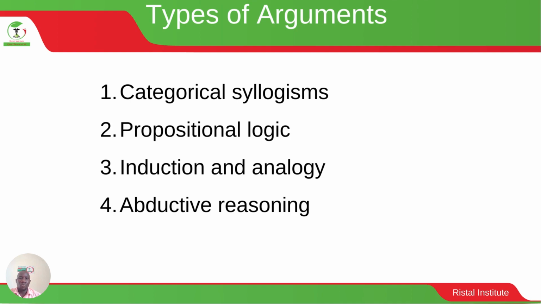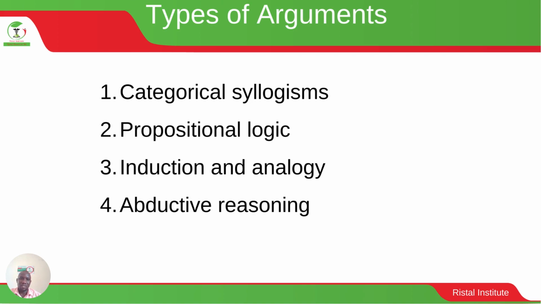When we look at the structuring of arguments, we can come up with different types of arguments. For example, we can have categorical syllogism, propositional logic, induction, analogy, and abductive reasoning.